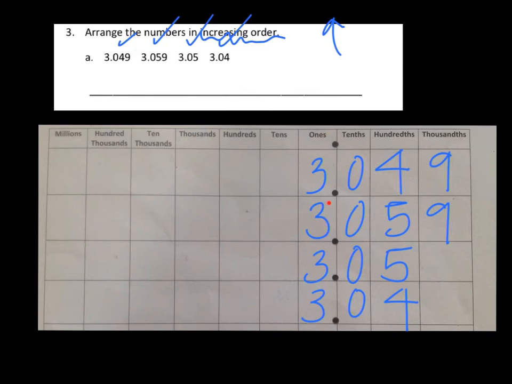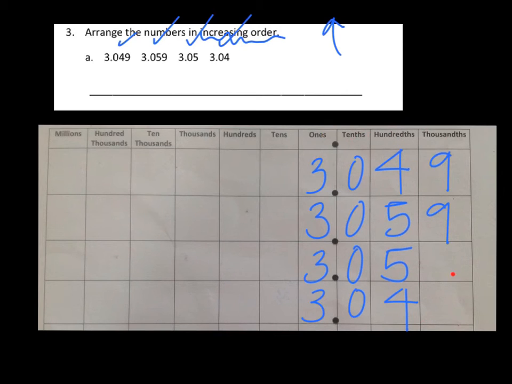I have the same number for the ones. I have 3 ones. And in my tenths, 0 tenths for all of them. But look, let's look at my hundredths. I have a 4 hundredths and I have a 4 hundredths here. This means that I have to look at this next digit.